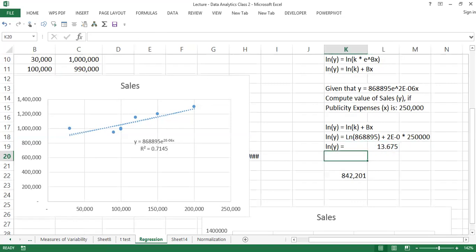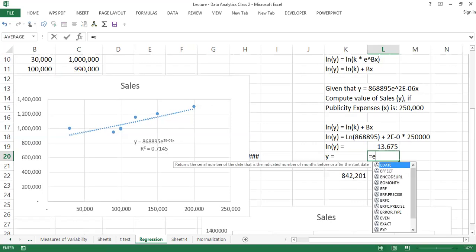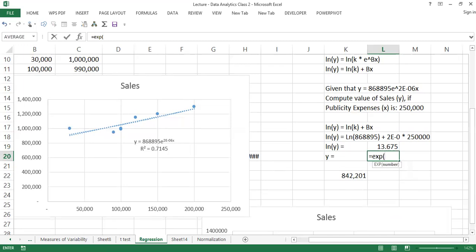So how do we get Y? Y is what we are looking for, right? Are you getting my point? Y is what we are looking for, not natural log of Y. So to get the Y itself, you have to use the exponential function of this figure.